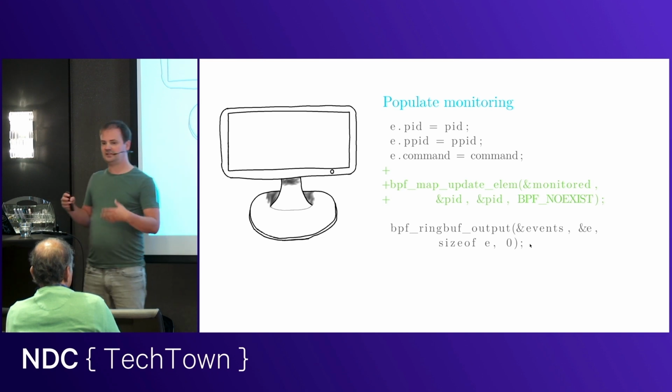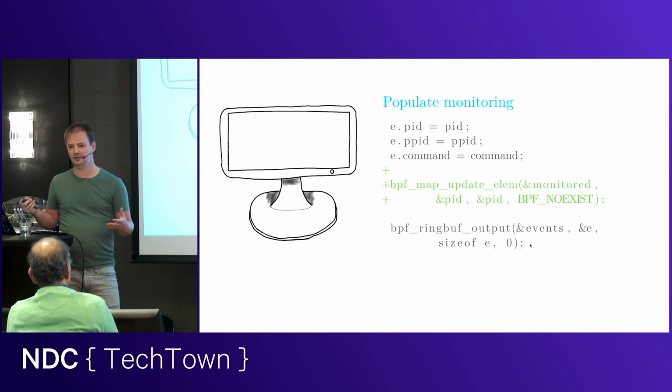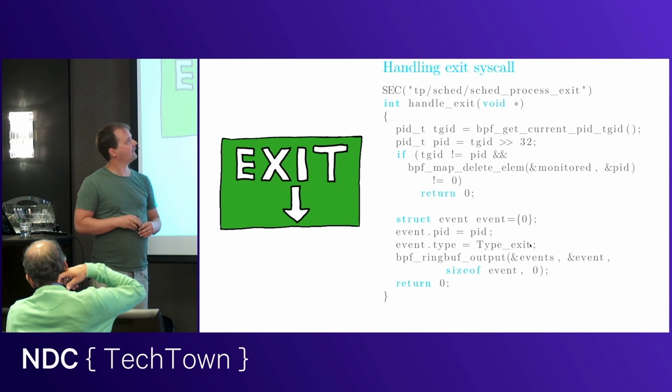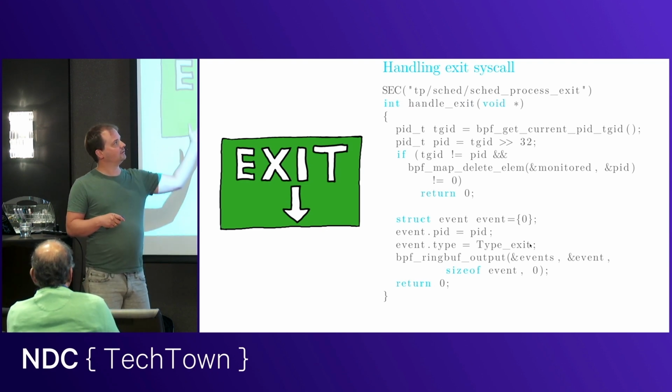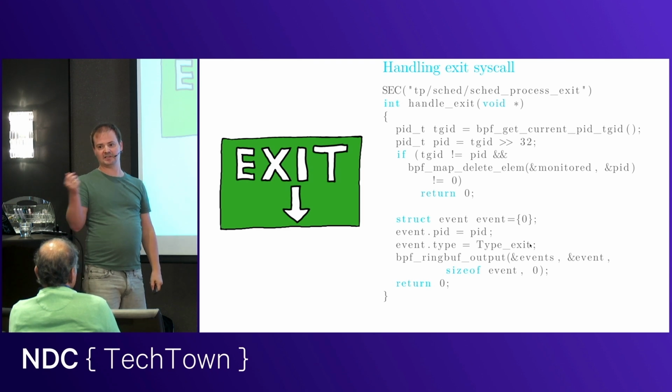So now this monitored map is just a map of processes that I'm currently monitoring. And now I need a new eBPF program, which I hook into the sched_process_exit tracepoint instead of the exec, which I did previously.